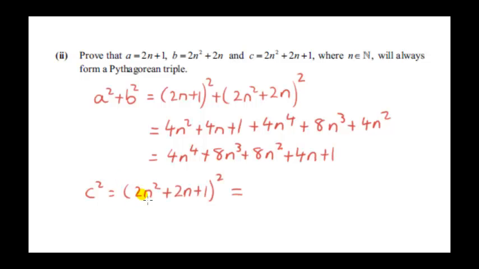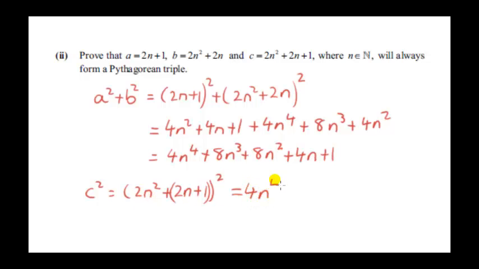Now we have three terms in here, so this is not a binomial, it's actually a trinomial. Okay, trinomials are three terms. So to square it out, we could group any two of them. So let's group these two and treat this as a binomial squared. So we square the first term, the 2n squared. Well, that's 4n to the power of 4.